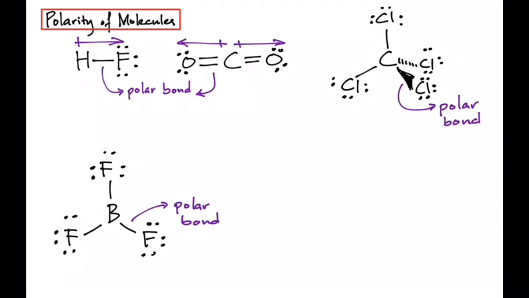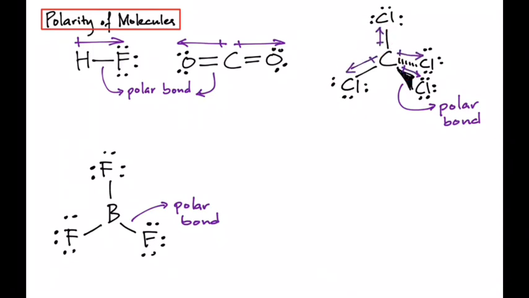And we can do the same thing for carbon tetrachloride. So you can see here that we have 4 chlorine atoms, and the chlorine atoms are the more electronegative atoms here compared to carbon. And so when you draw the polar vector, it would be pointing towards the chlorine atoms, right? So you have 4 different polar vectors that are pointing towards the chlorine atoms.